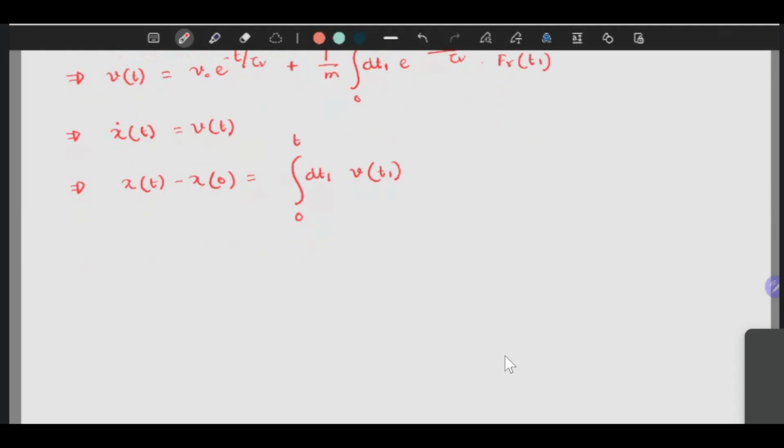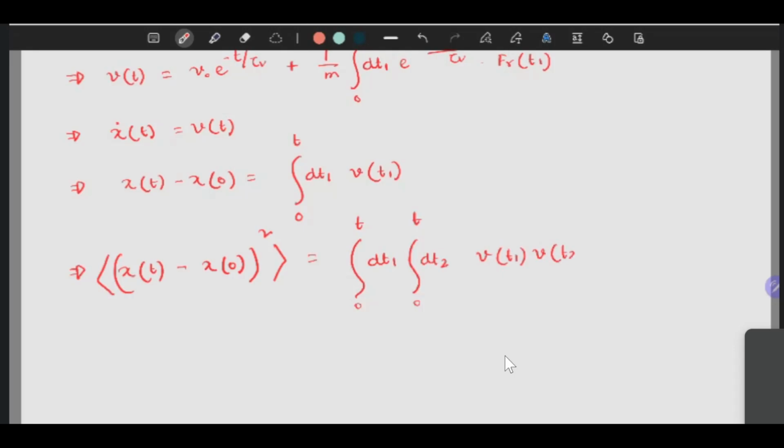Now if you square it, then x(t) minus x0 whole square, its average will be integral 0 to t dt1 integral 0 to t dt2 <v(t1) v(t2)>, this autocorrelation function.